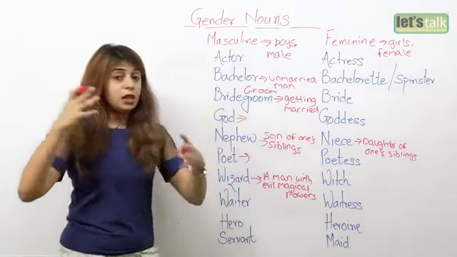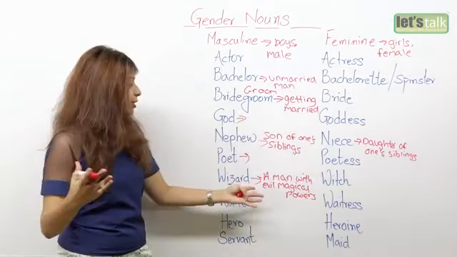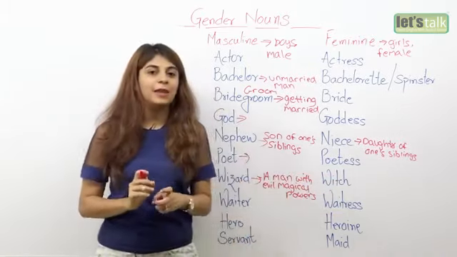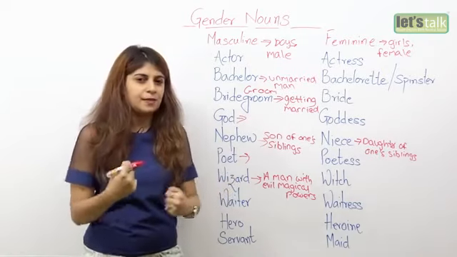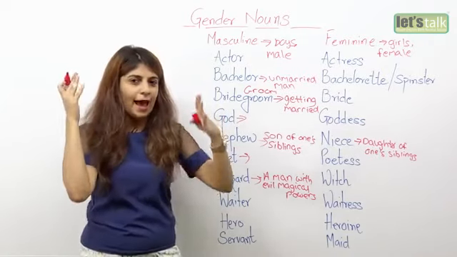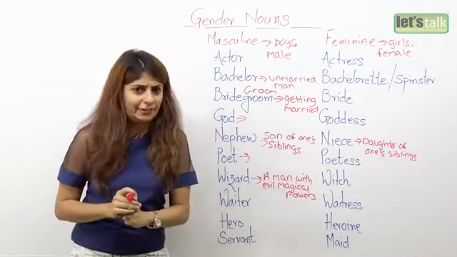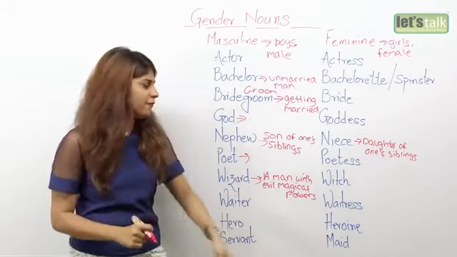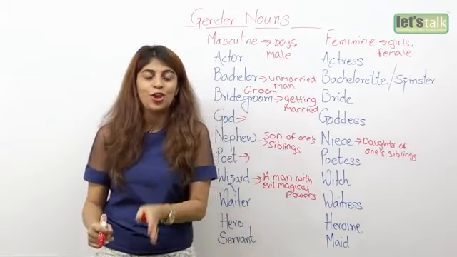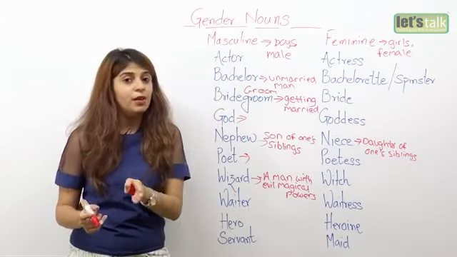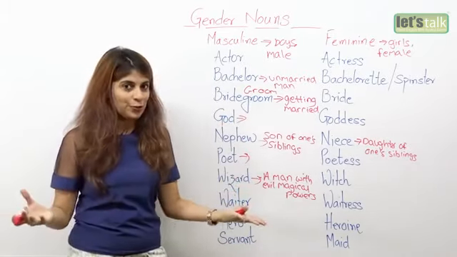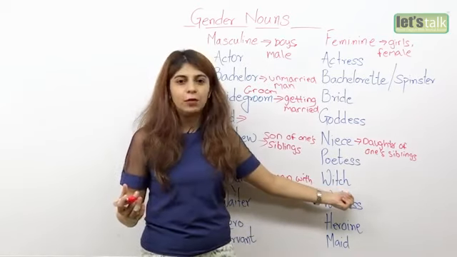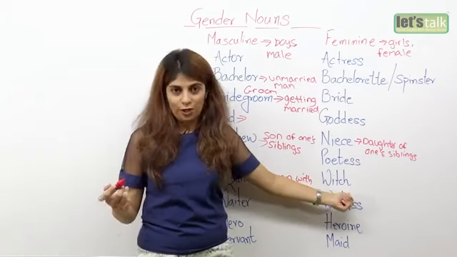So a man with evil magical powers is called a wizard, whereas the female who wears that black suit and a pointed hat and looks really evil, and she flies on a broom. Have you seen that before? Well, she is a witch. So a witch is a woman with evil magical powers, okay? So the man is called a wizard, whereas the evil woman is called a witch.